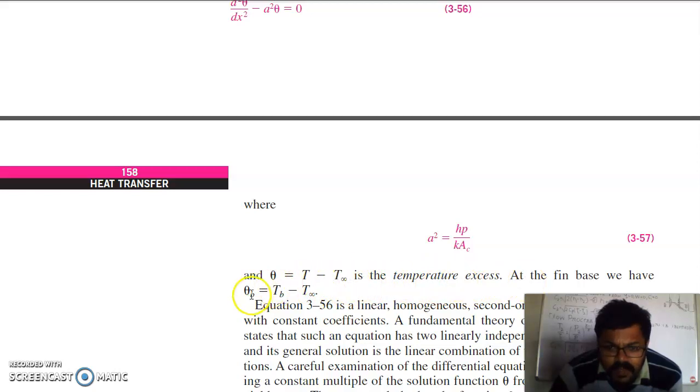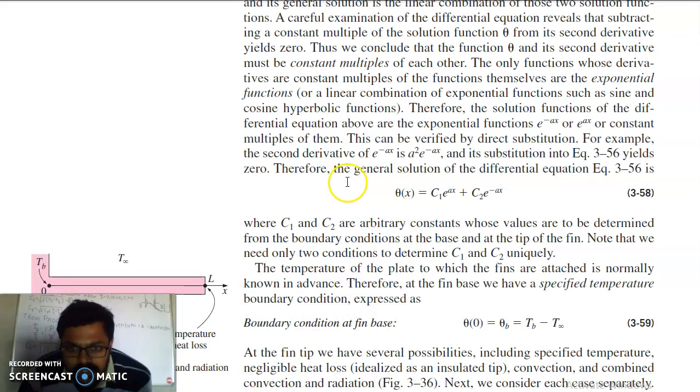At the fin base we have theta b, which is equal to Tb minus T infinity. The solution for this differential equation is theta(x) is equal to C1 e raised to power ax plus C2 e raised to power minus ax, where C1 and C2 are arbitrary constants whose values are to be determined from the boundary conditions at the base and at the tip of the fin.